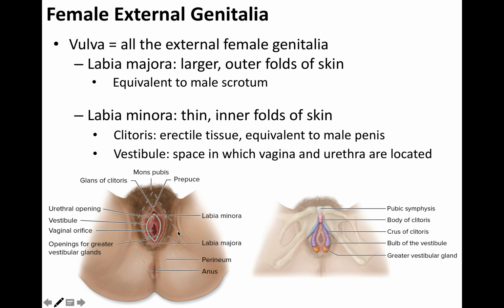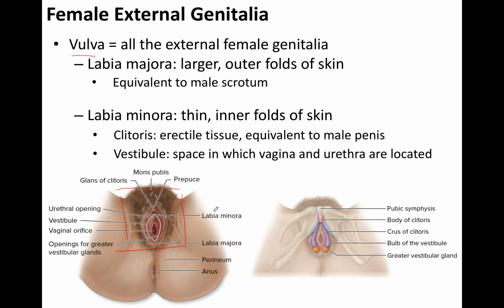Looking at the external genitalia of a woman, you have a couple of different terms that we're going to break down as simply as we can. You have something called the vulva. The vulva is essentially all of this. All of the external genitalia of a woman is called the vulva.